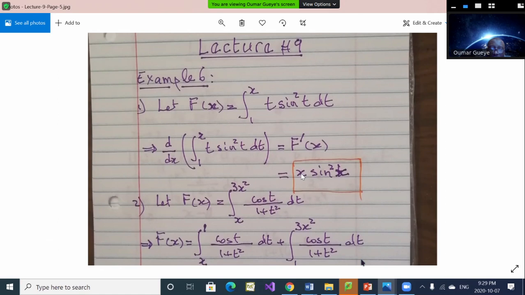Doing so, you get x sine square x, and this is the derivative of this function. This function is defined by an integral, and when you differentiate it, you take the inner function and substitute t by x. Is it okay?